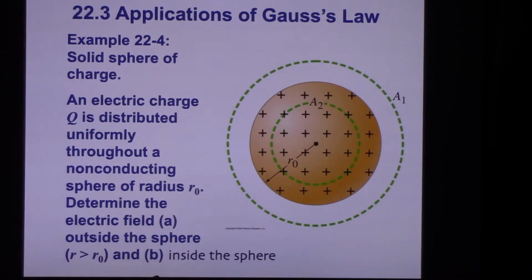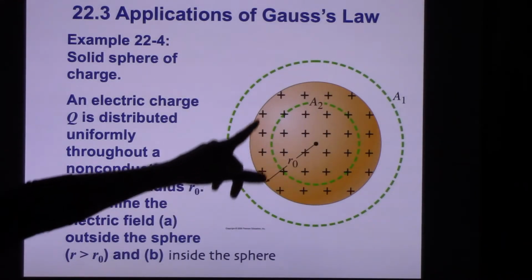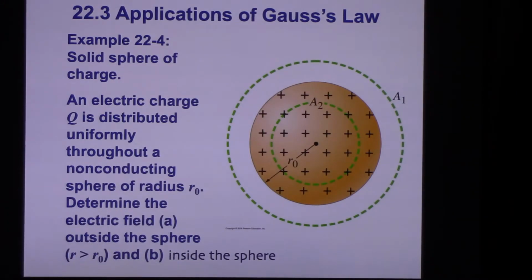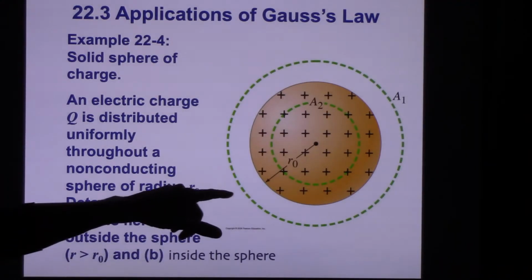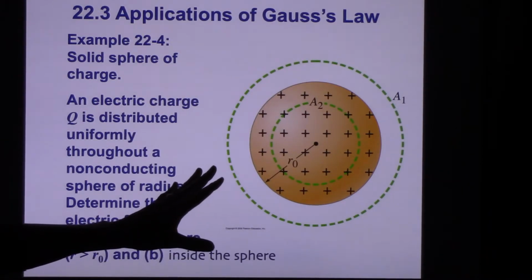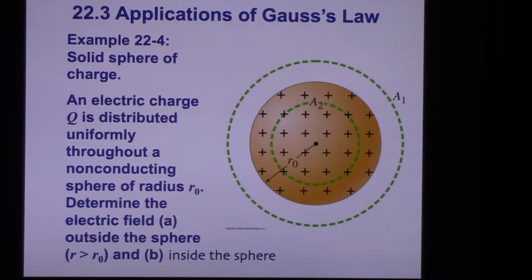I can't tell a conductor how to arrange its charges. But if we build an insulating material and we place positive charge throughout the insulating material, that positive charge is locked in place, and so we can ask the question of what will the electric field look like outside of this positively charged sphere, and then what would it look like inside?